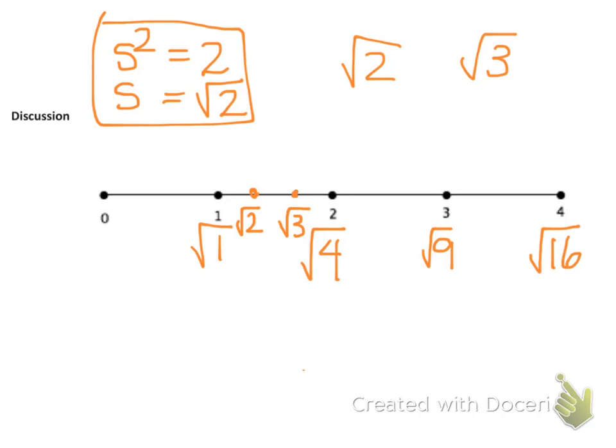So somewhere in there, maybe square root of 2 could be at about 1 1/3, 1 2/3. Not exactly though, because we could multiply that out and know that it wouldn't multiply exactly to 2, but somewhere in there.